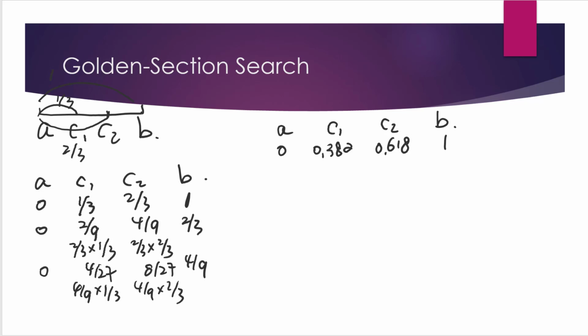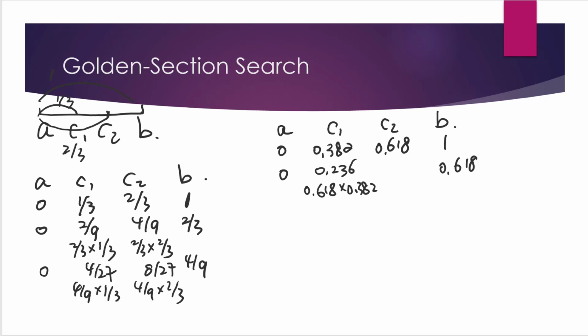Then assume that we found the minimum is located from A to C2, so the new B becomes the value of C2, 0.618. So the value of C1 in this iteration will be the total length 0.618 times 0.382, which is 0.236.